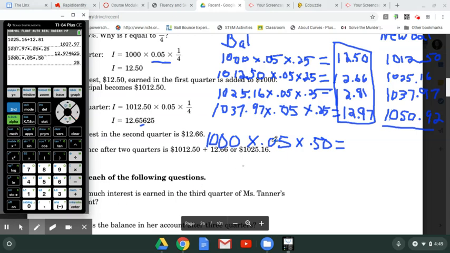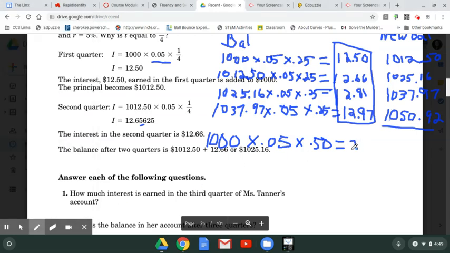And we get $25. Now, this was how much she earned in half a year. Okay. So it's as if it was 2 quarters of a year without that additional 12 cents tacked on here. See? That's where that extra 16 cents came from, because this 12.50 and 12.66 is 25.16. See? So by not compounding it, they lost 16 cents.